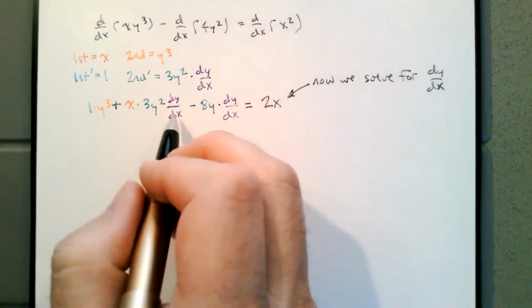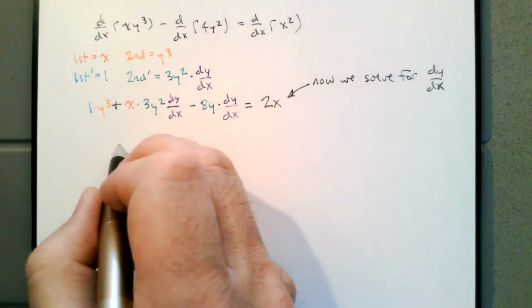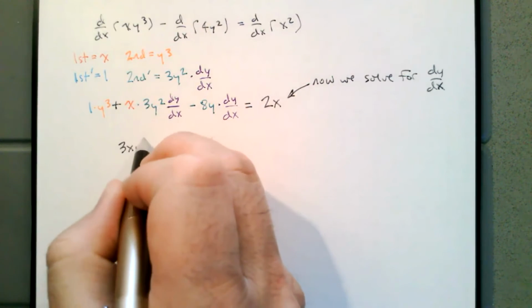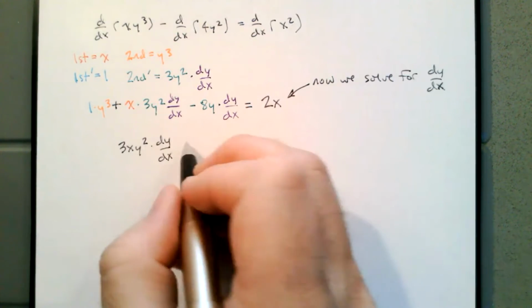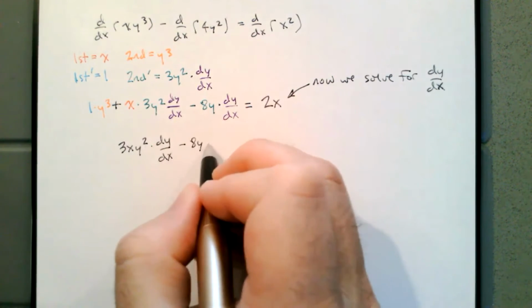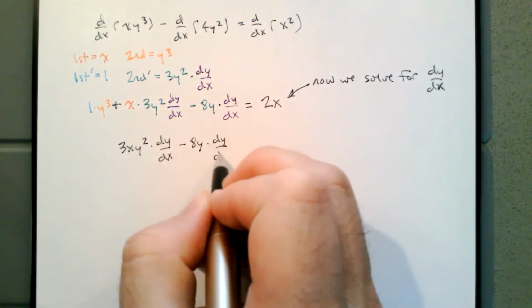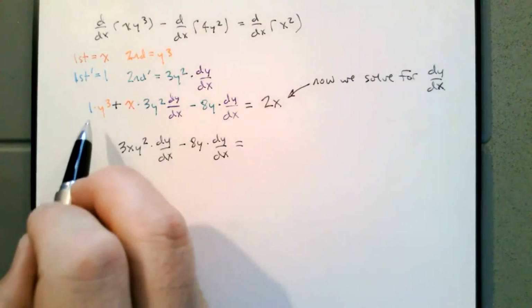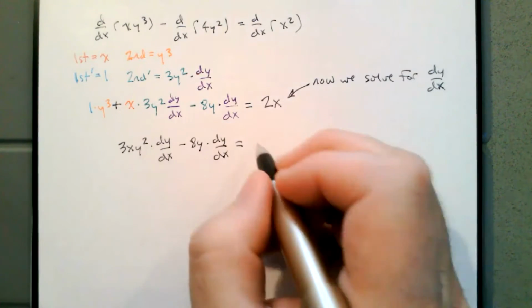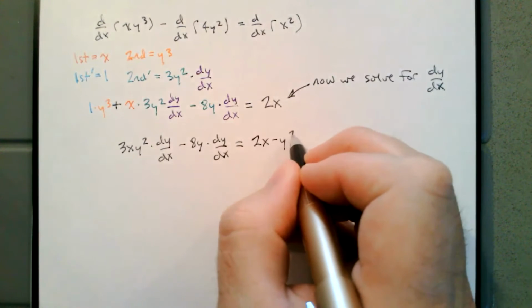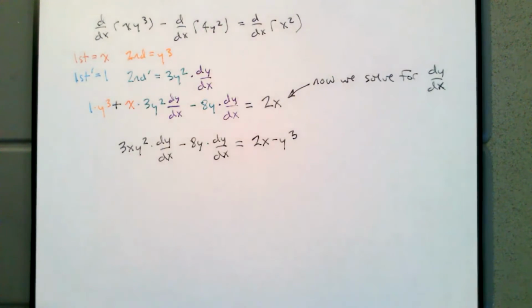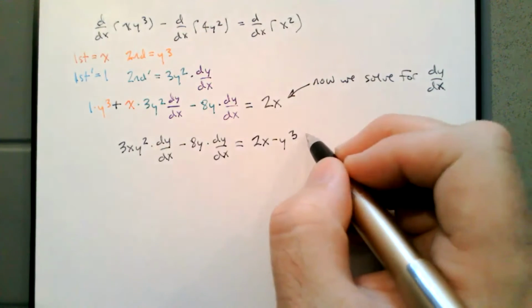I'm going to rewrite this dy dx term as 3x y squared times dy dx. And I'm going to subtract this y cubed from both sides. So I keep the dy dx terms on the left, non-dy dx terms on the right.